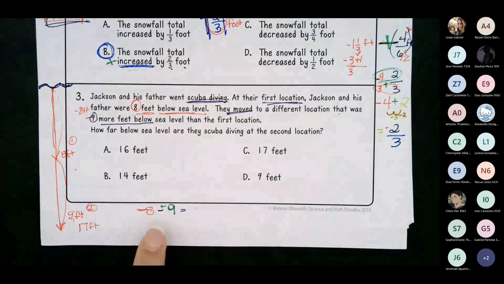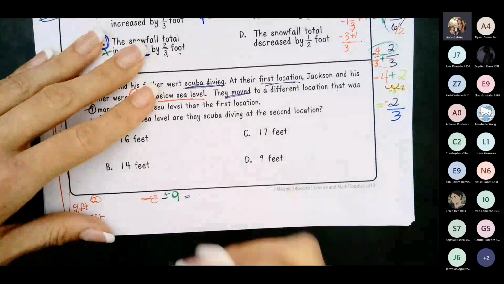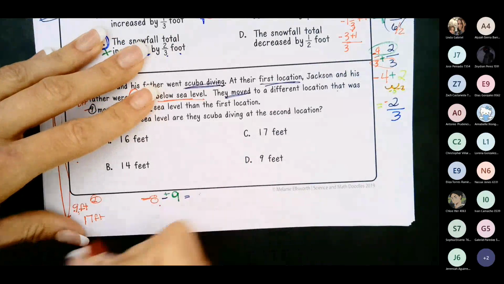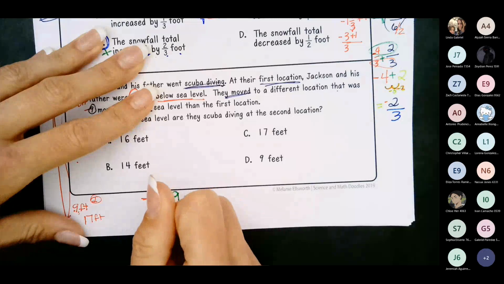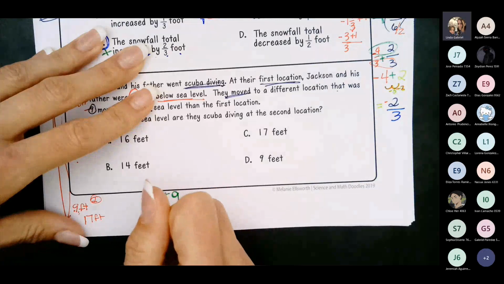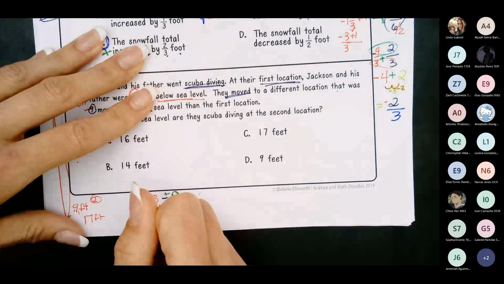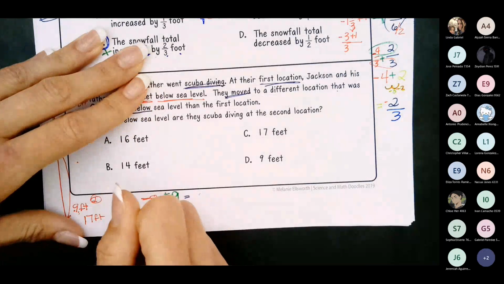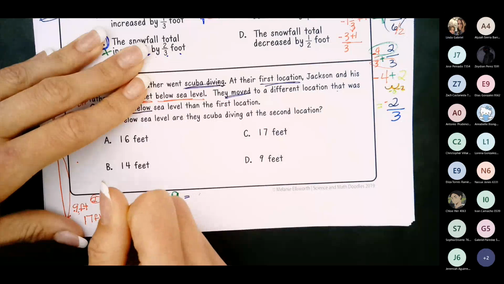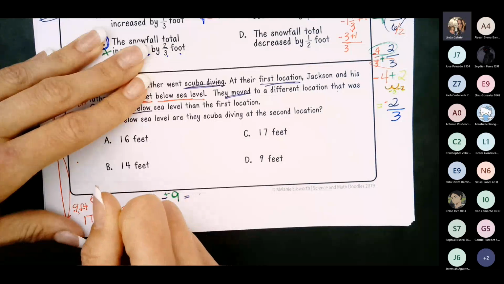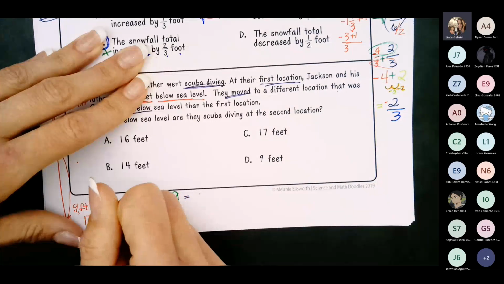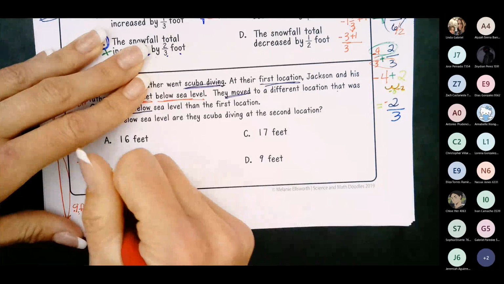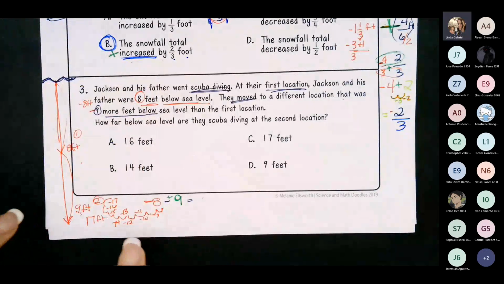The -8 minus 9, that will mean if I was using a number line, I would go minus to the left, right? So -9, -10, -11, -12, -14, -15, -16, -17. That's like a curved number line, right?